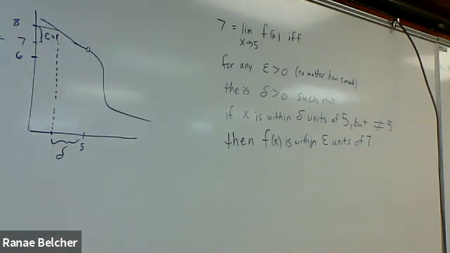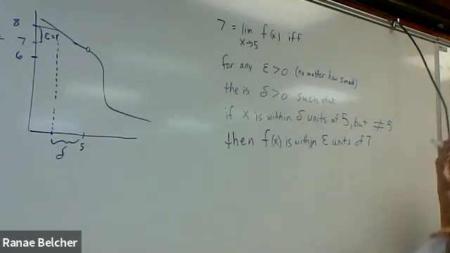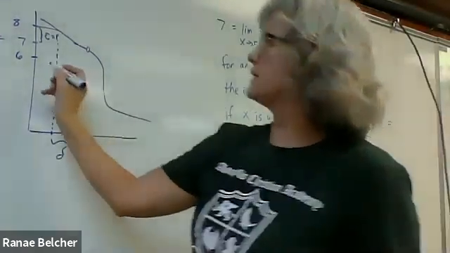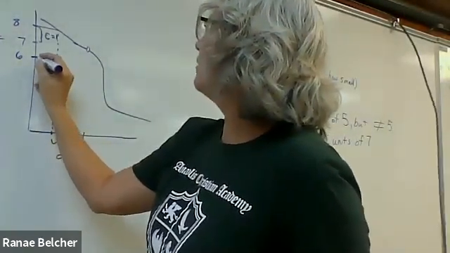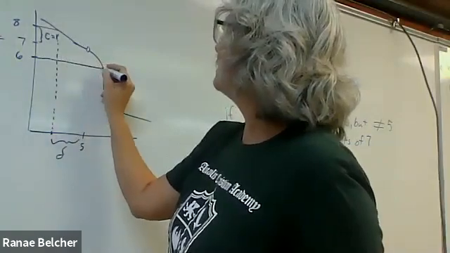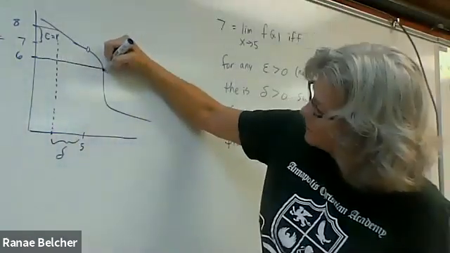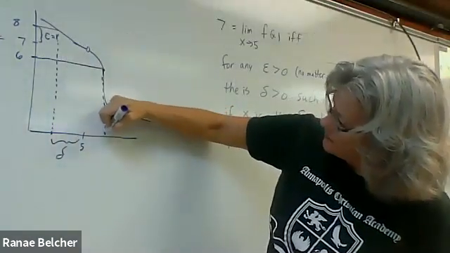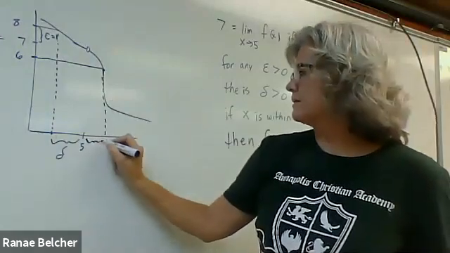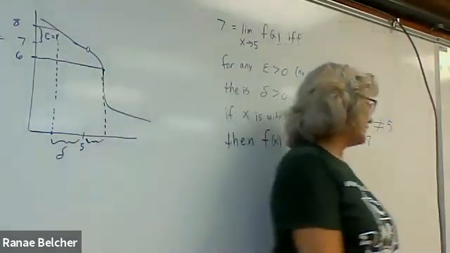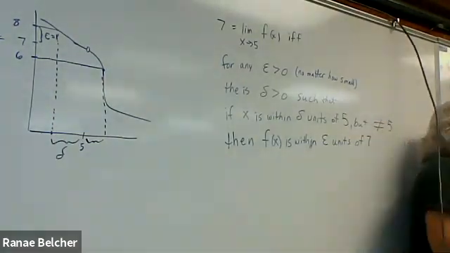From the graph, estimate how close to 5 on the right side x must be kept in order for f of x to be within 1 unit of 7. Now we're going to go down to 6, and you can draw a line all the way straight across horizontally to the function, and then go straight down and see what this delta is. It may not be the same delta. In fact, it probably isn't.